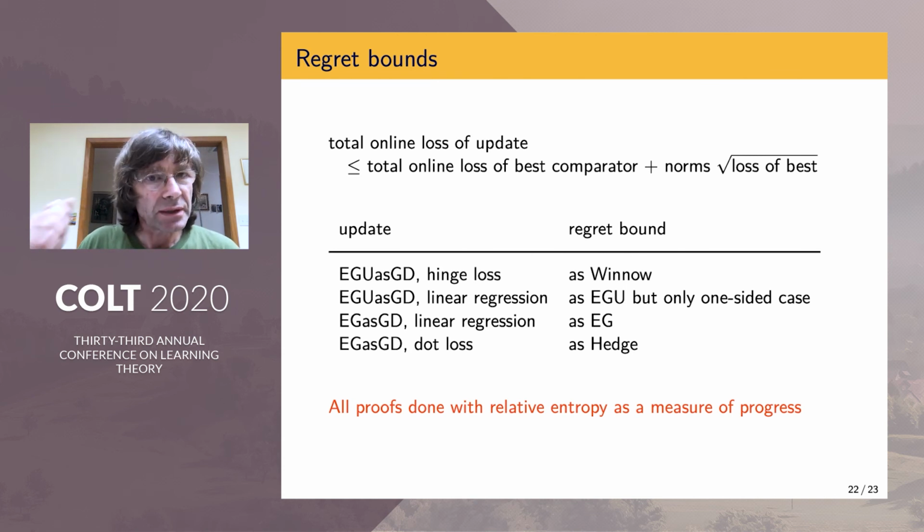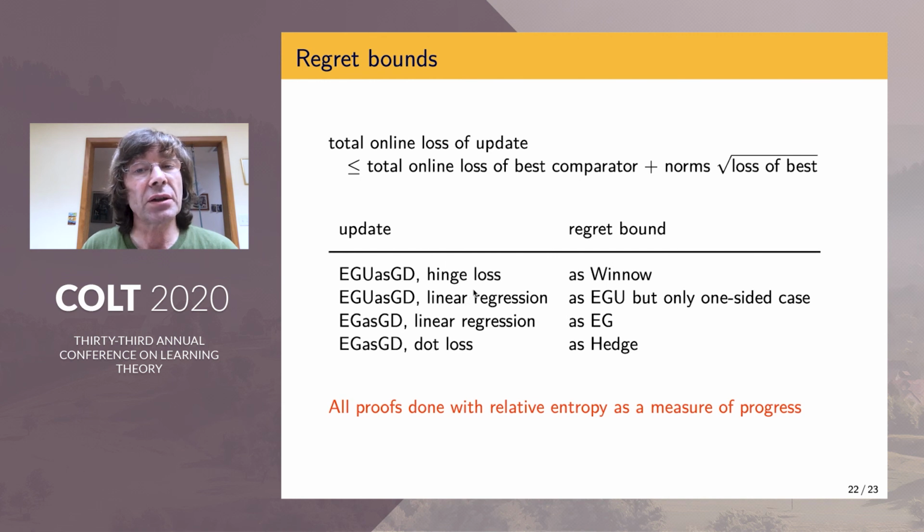Colt wants regret bounds, so we gave them regret bounds. So the total loss of the update is less than or equal to the total loss of the best comparator plus norms times, this is the kind of bound you want. Okay. So we prove, if you do this simulation, EGU as GD using the squaring trick and hinge loss, you can simulate Winnow in the sense that you prove the same regret bound.